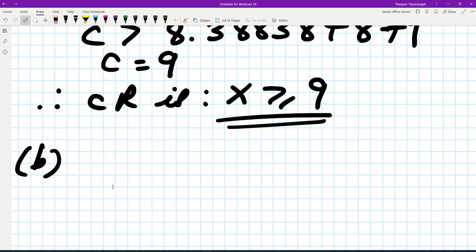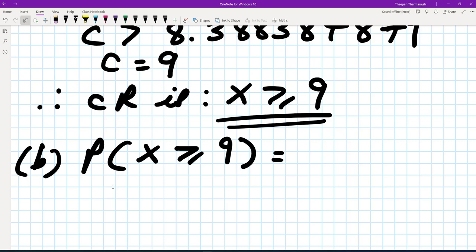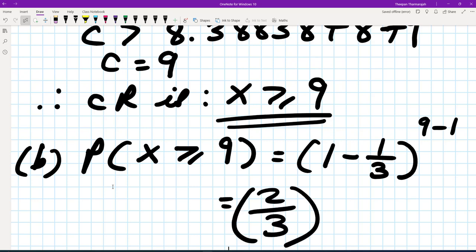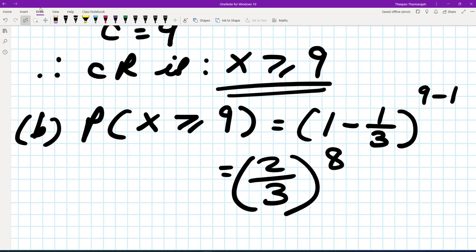And the actual level of significance, also known as the probability of a type 1 error, is X is greater than or equal to 9, which is, we said, 1 minus the probability to the power X minus 1, so 9 minus 1 there. So that's going to be 2/3 all raised to the power of 8. Again, I'm going to write the true value out and then round to 4 decimal places.